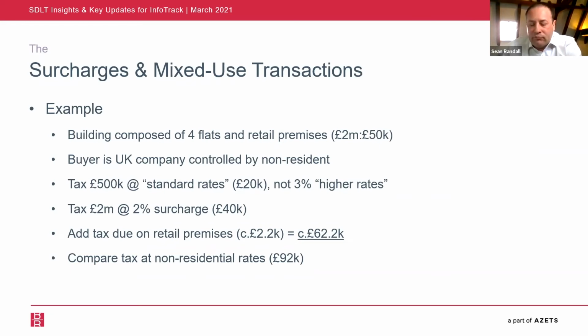Whereas with the non-residential rates, the tax would be 92,000. So still better, but there's a mismatch there between the 3% surcharge and the 2% surcharge with regard to claiming multiple dwellings relief on mixed use transactions.